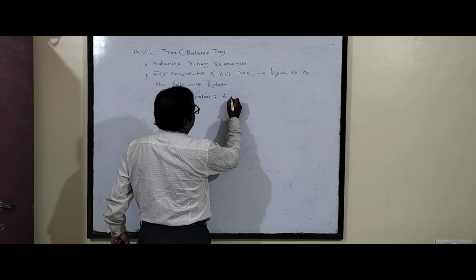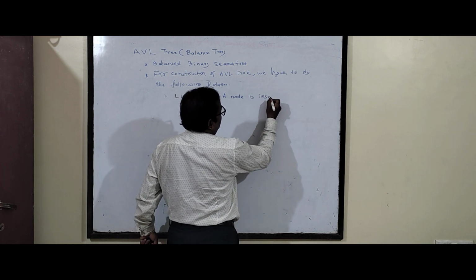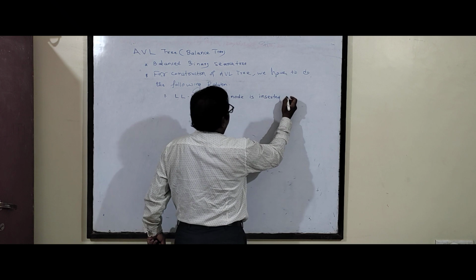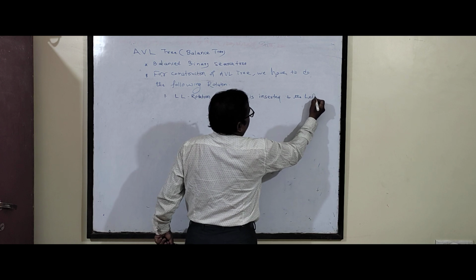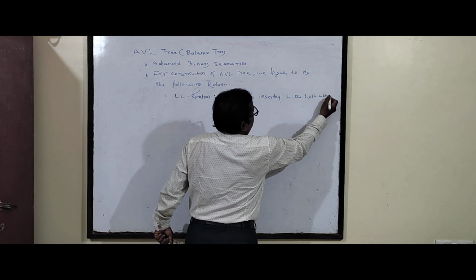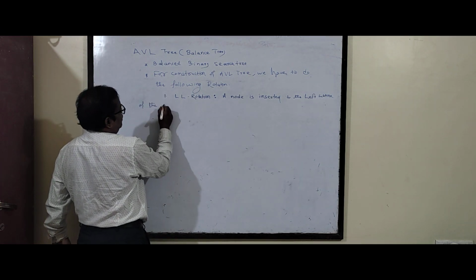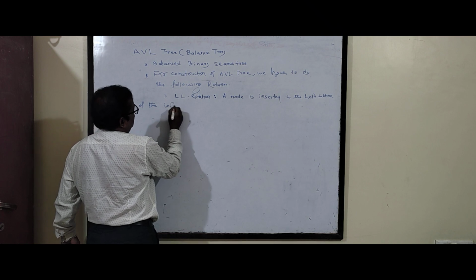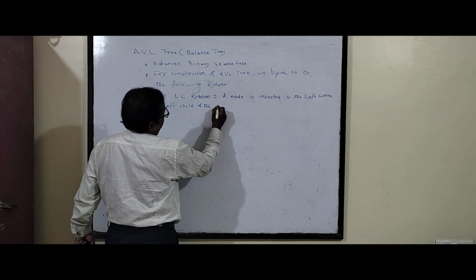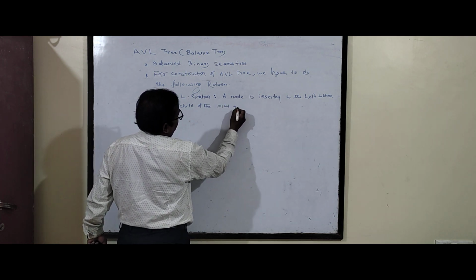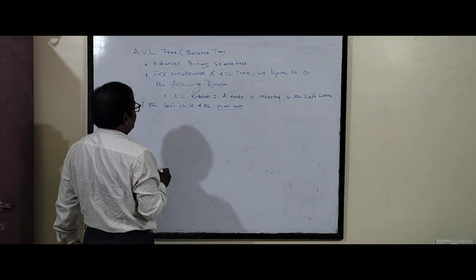A node is inserted to the left subtree of the left child of the pivot node, right? So I am coming to the point, what is the pivot node?